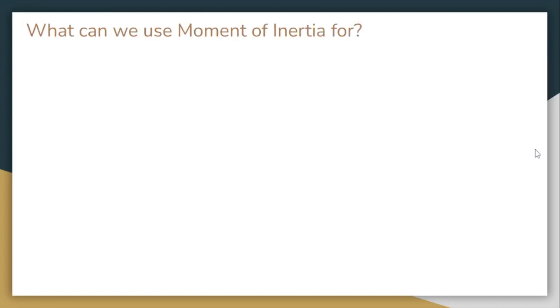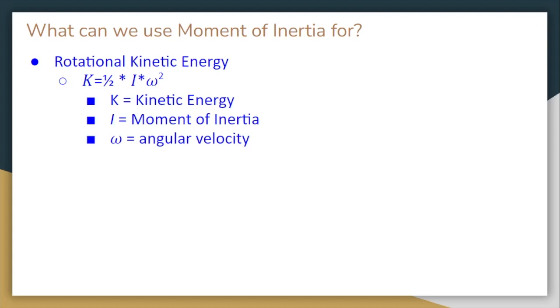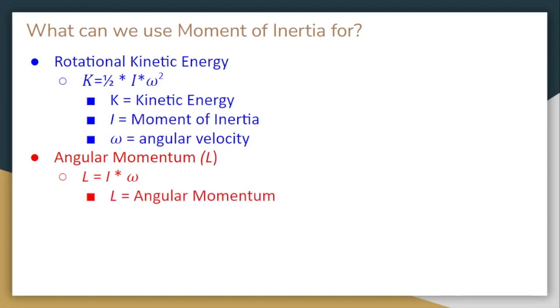So now we want to figure out what we can use moment of inertia for. Moment of inertia can help us when we're solving for rotational kinetic energy. The equation is kinetic energy equals half times moment of inertia times omega squared. Again, K stands for kinetic energy, I stands for moment of inertia, and omega stands for angular velocity. Another thing it can help us solve for is angular momentum. Angular momentum is going to be represented by the letter L, and we know that L is equal to I times omega, where again, L is the angular momentum, I is the moment of inertia, and omega is the angular velocity.